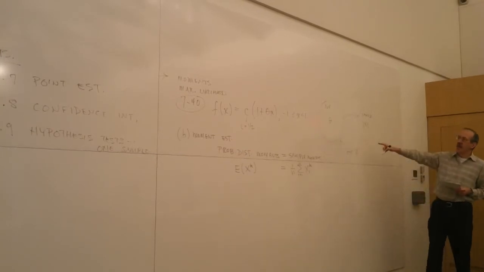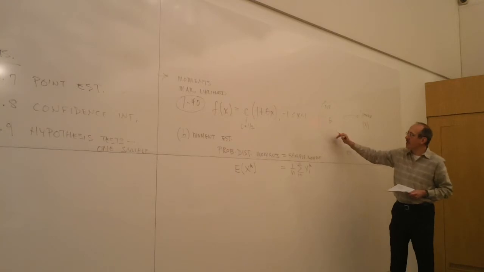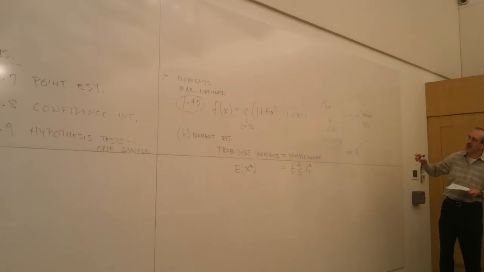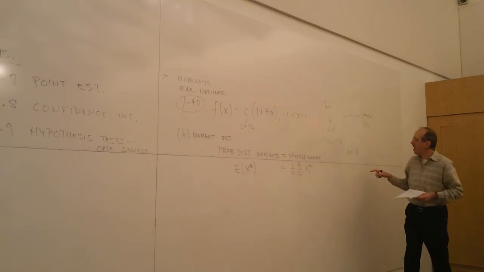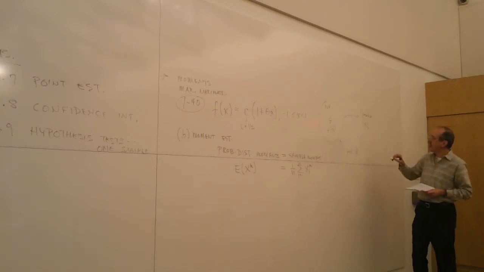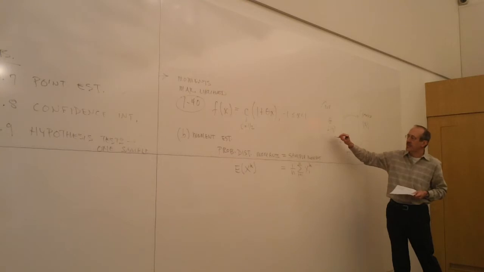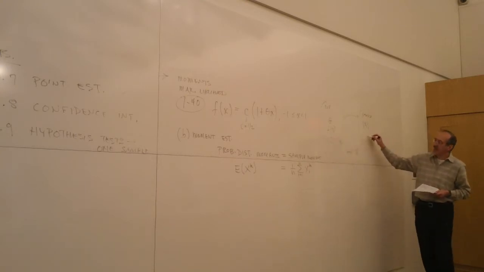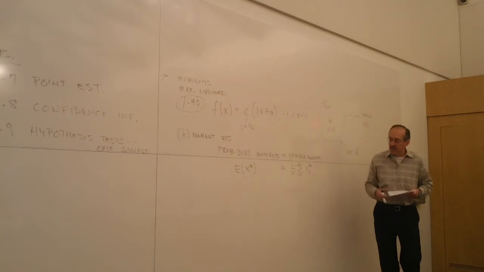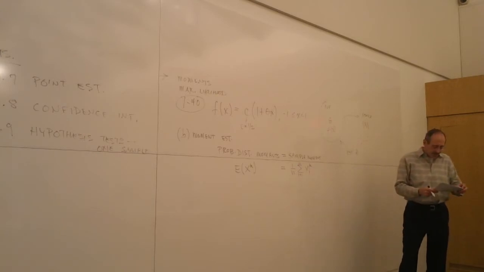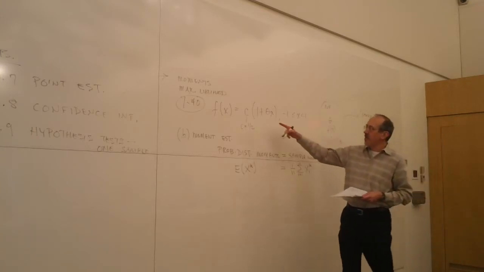And it happens that if I take these moments, I take my probability density function, calculate the expected value to these exponents, these powers, equate them, then I can pop out an expression that includes the theta on this side, and it includes things I can calculate from my sample on this side. And when I solve them for the theta, then it gives me an estimate in terms of the samples.